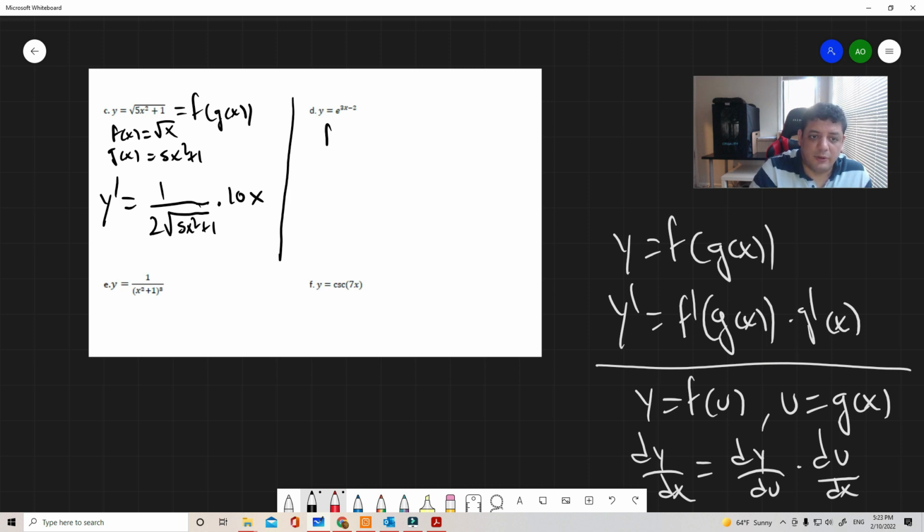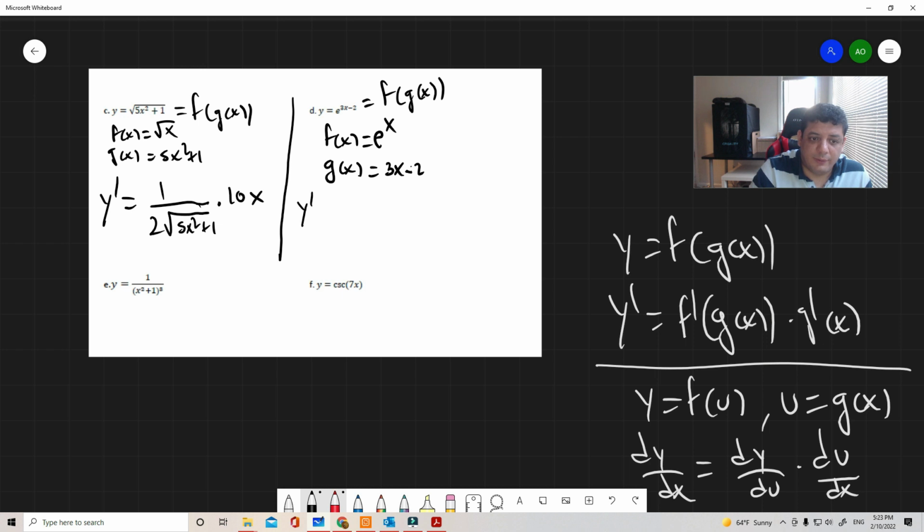Similarly, for d here, I can say, okay, f of x is going to be the function e to the x, and g of x is going to be 3x minus 2. And so this e to the 3x minus 2 is the composition f of g of x.